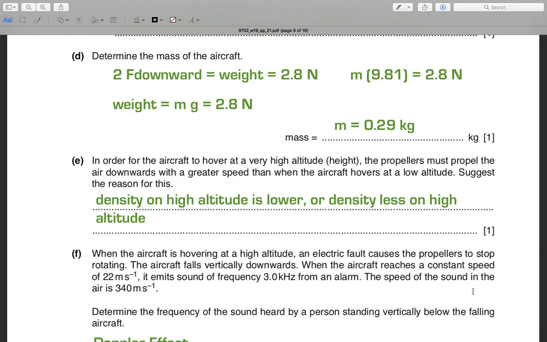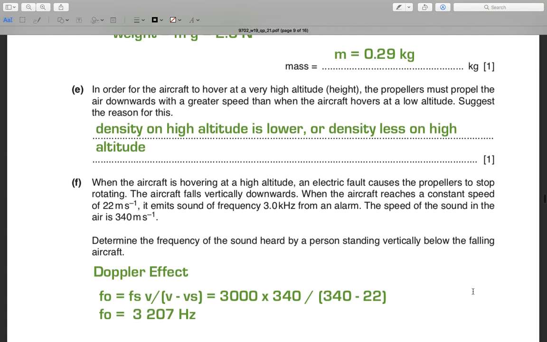Yes, because at high altitudes the density is lower, or density is less at high altitude. It makes the speed greater compared with when the aircraft hovers at low altitude. Greater at very high altitude, because density is less at high altitude.